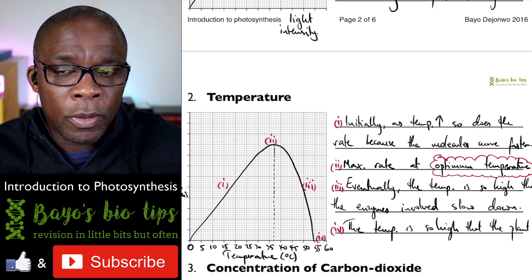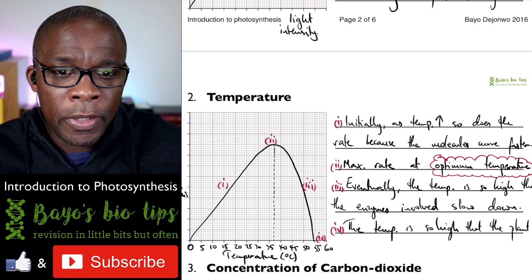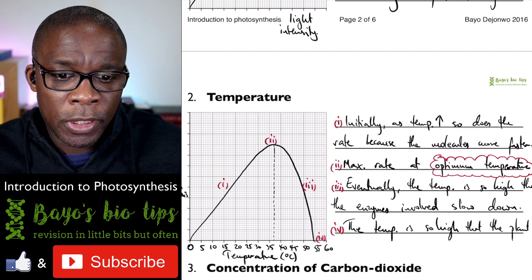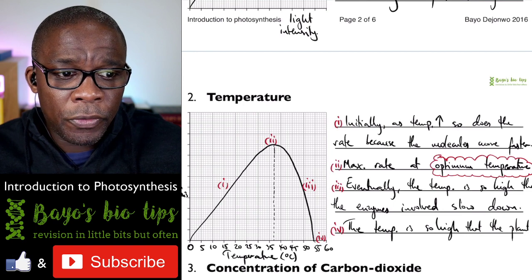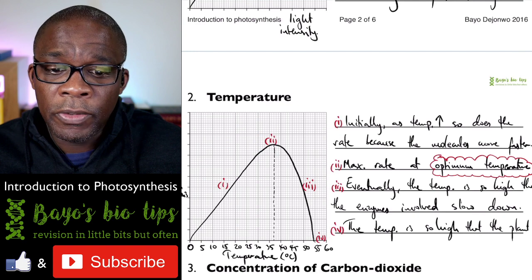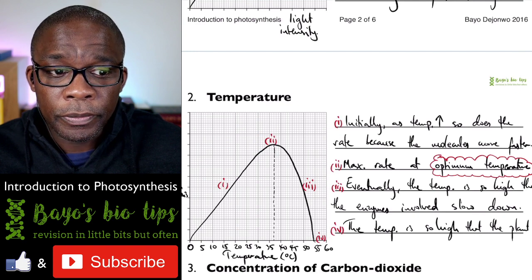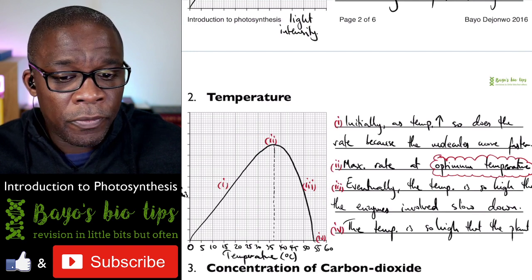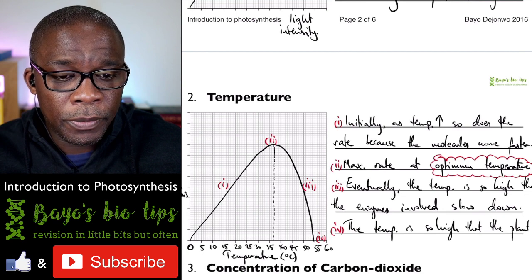It depends on the plant and where it lives and what the usual temperature it exists at is. So different plants will have different optimum temperatures. As you can see in this graph, this plant has an optimum temperature of 37 degrees centigrade. But that can vary depending on the plant.